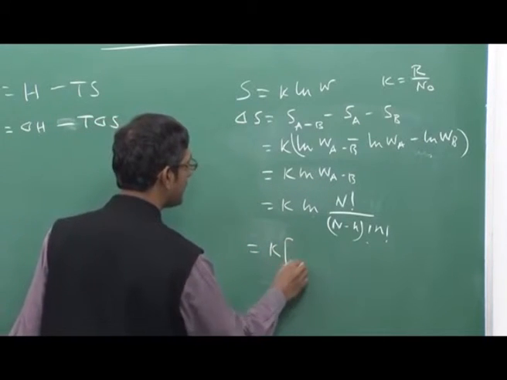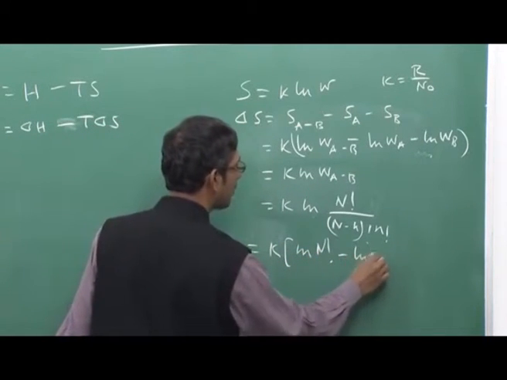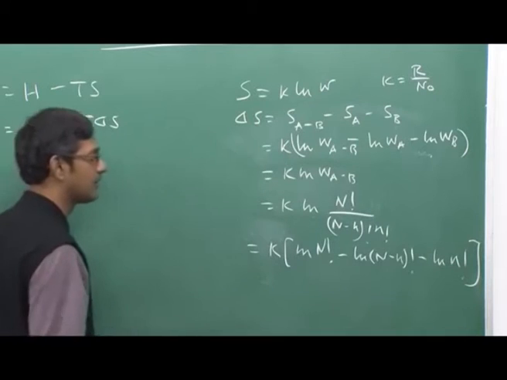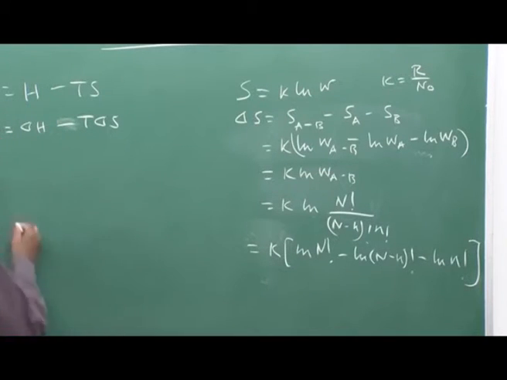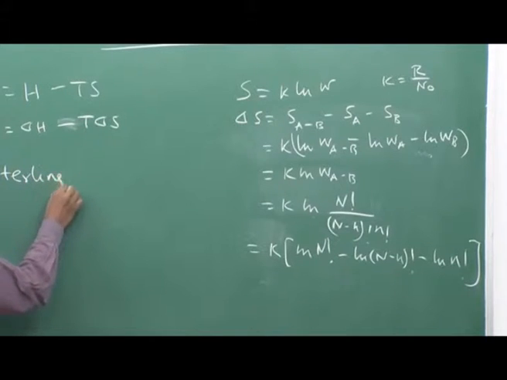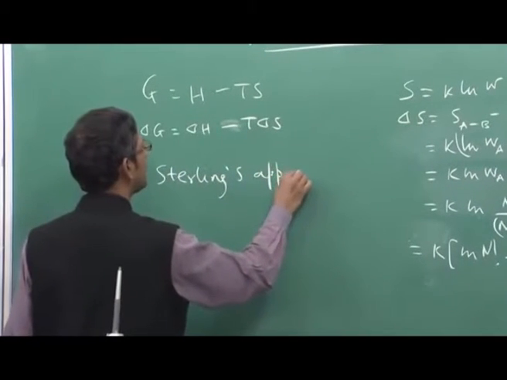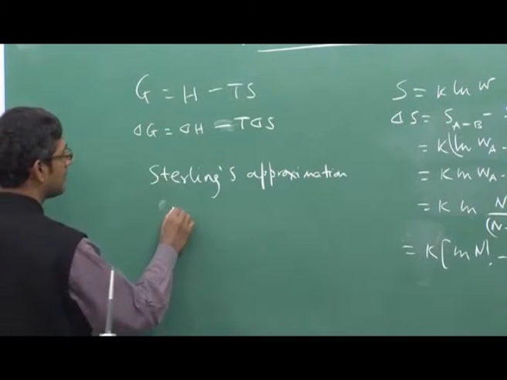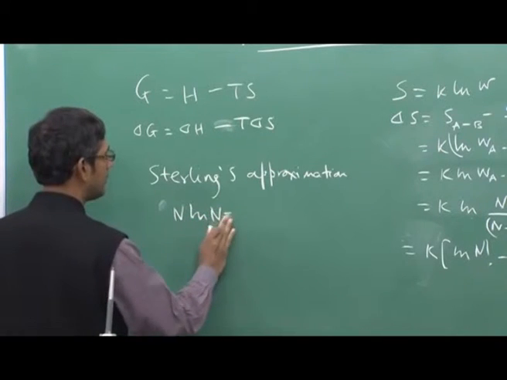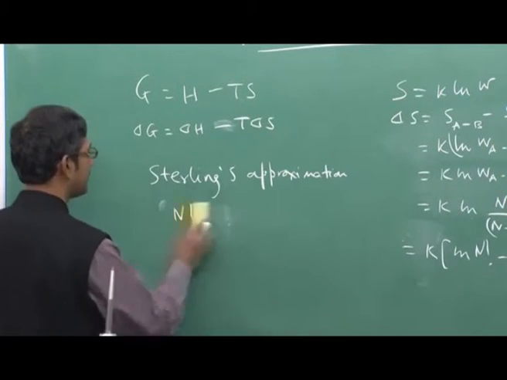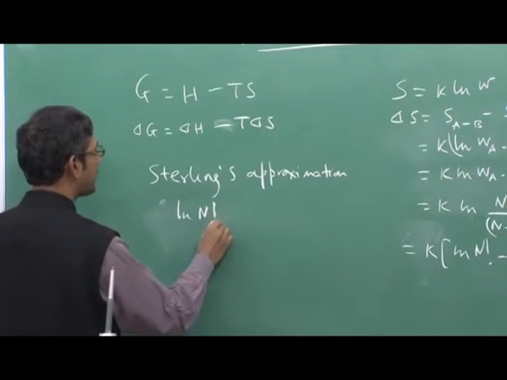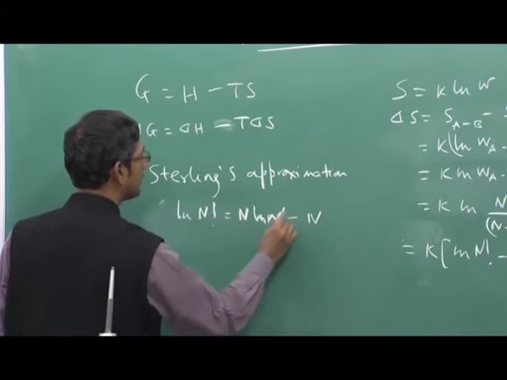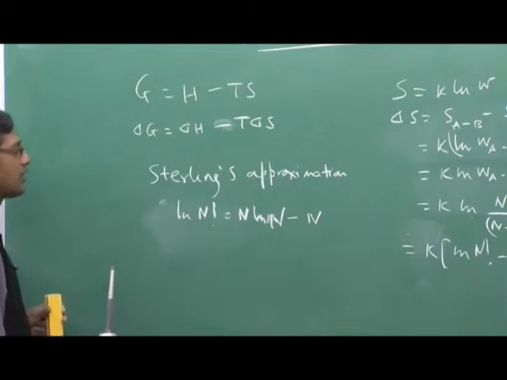This can be written as log of n factorial minus log of small n factorial minus log of (n minus small n) factorial. And the Stirling approximation is that log of n factorial is equal to n log n minus n. This is Stirling's approximation.